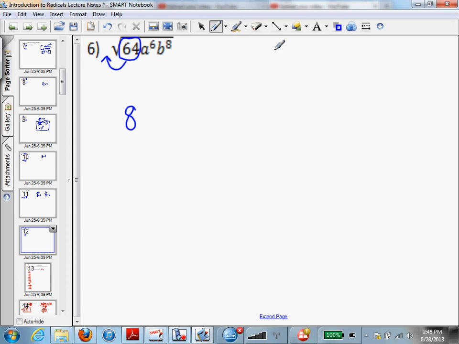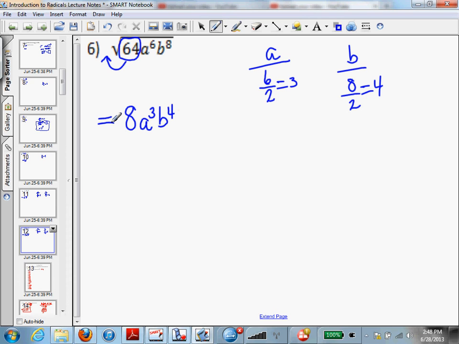Square root of 64 is 8, in other words. With a, we take our exponent of 6 and divide it by the index of 2, because it's a square root. We get 3, so we know a is going to have a power of 3. For b, we take our power, which is 8, and divide it by the index of 2, which is 4. So we have b to the 4th power. So our final answer will be 8a to the 3rd power times b to the 4th power.